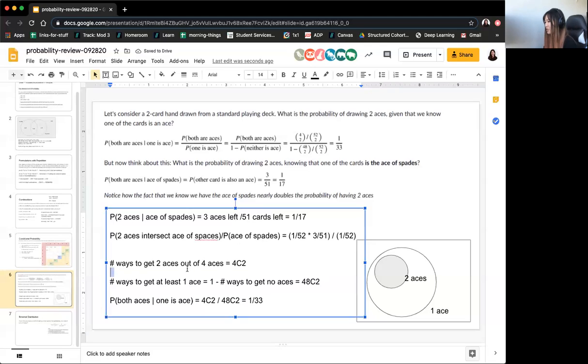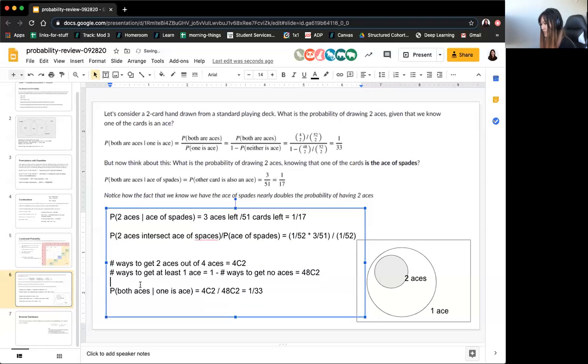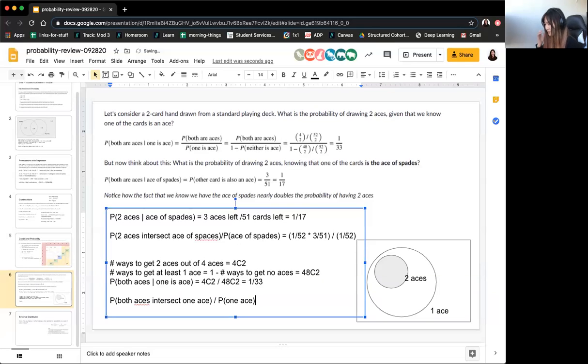Similarly, I do want to think about it in terms of this formula. So let's see if we can do that. Now that we have this here, if we break up that formula, we're looking at the probability of both aces intersect one ace, and it's going to be divided by the probability of having one ace.